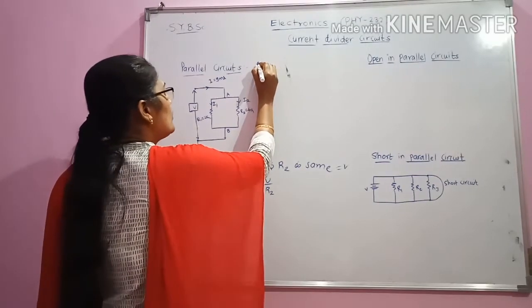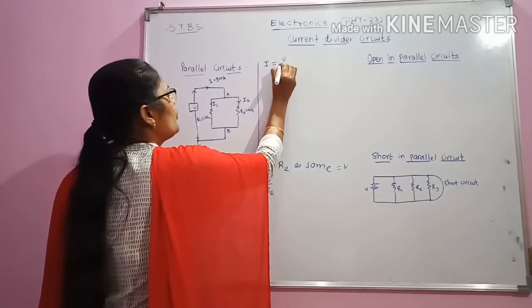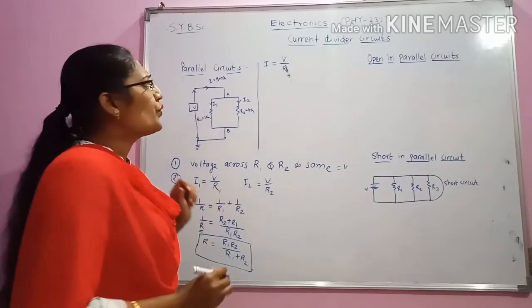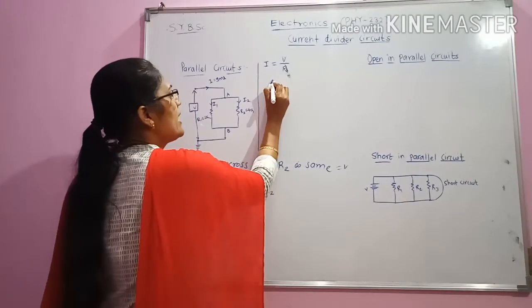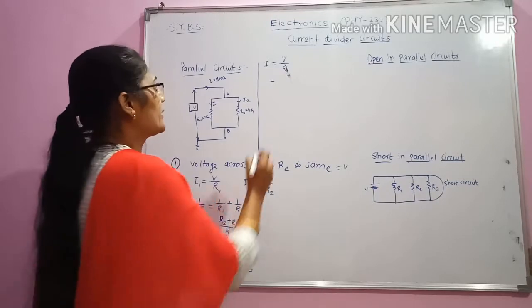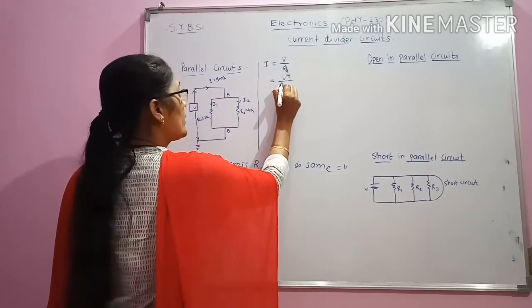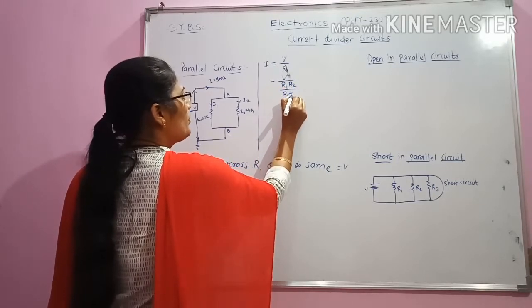Now, what is the value of I? The value of I is equal to V upon R. V will remain constant through both the branches and R is the equivalent resistance we have just calculated. So we will substitute the value of R as R1 R2 divided by R1 plus R2.